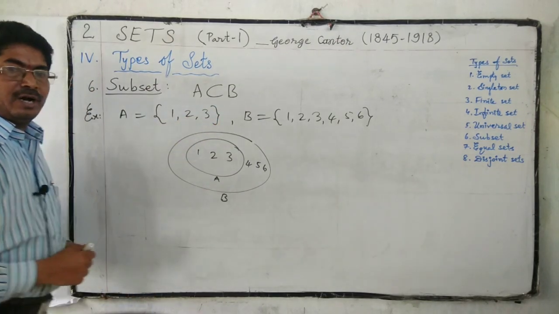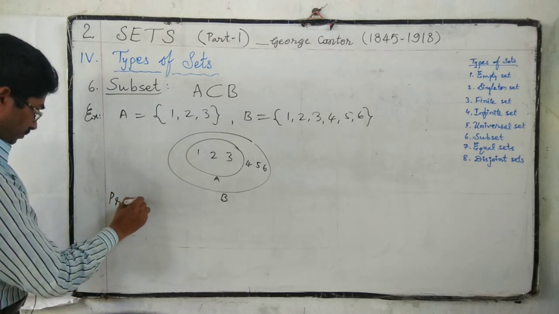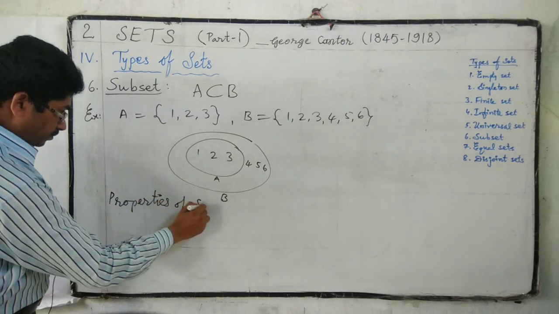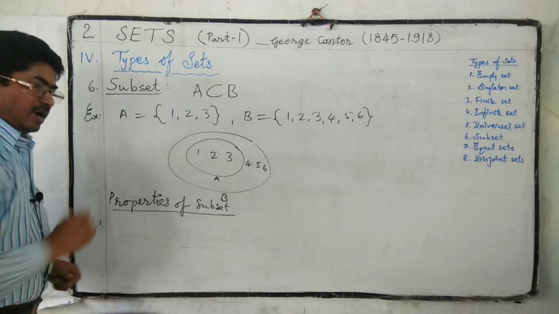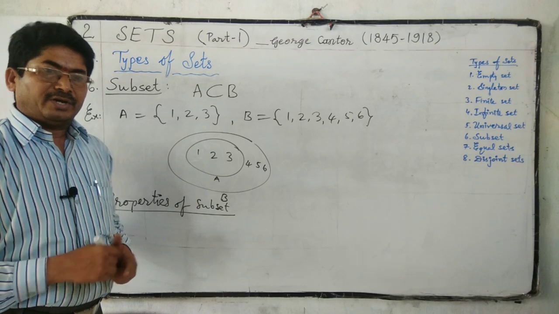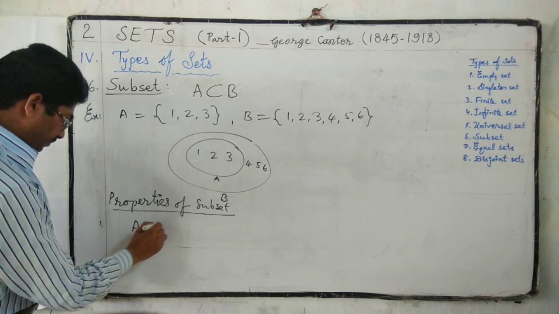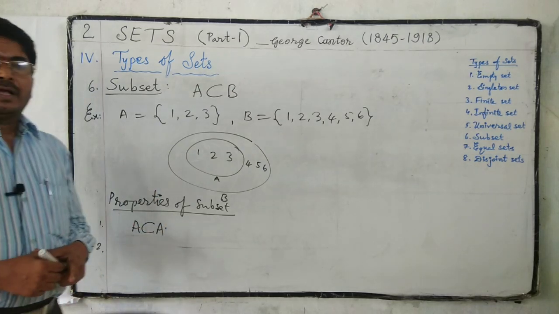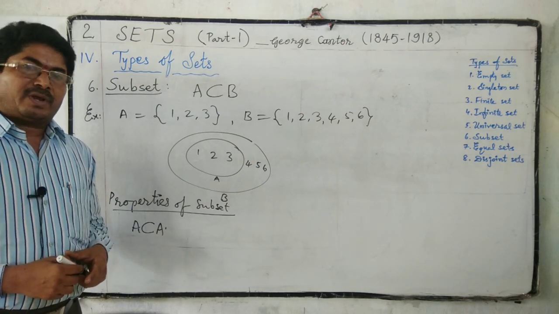The properties of a subset. Every set is a subset of itself: A subset A. Empty set is a subset of every set.